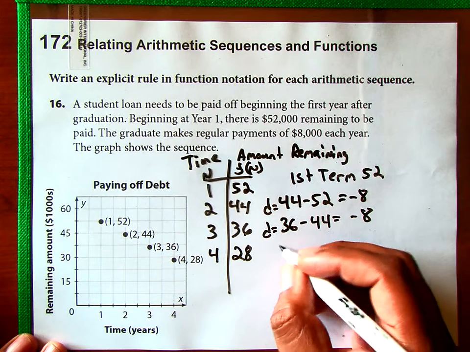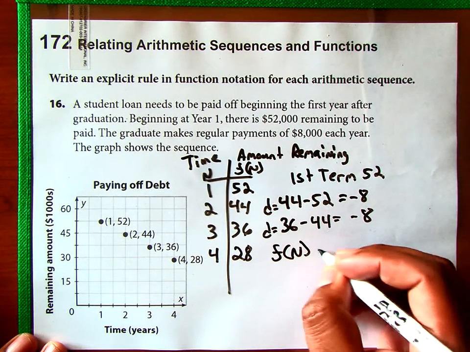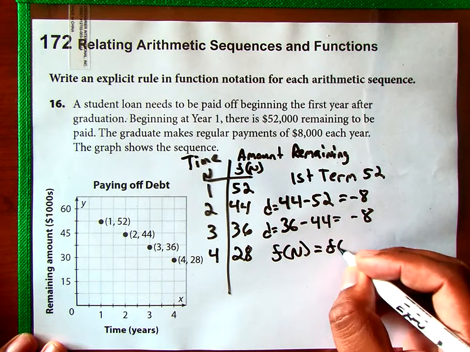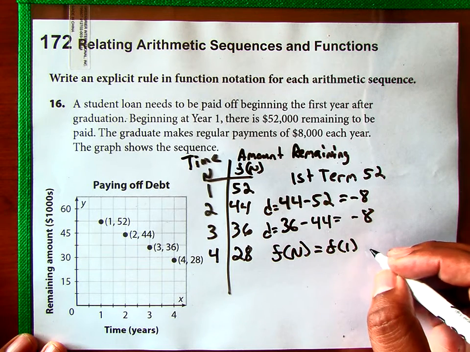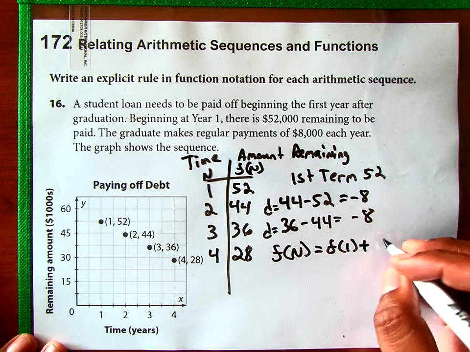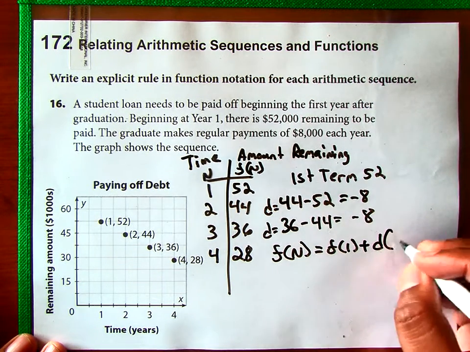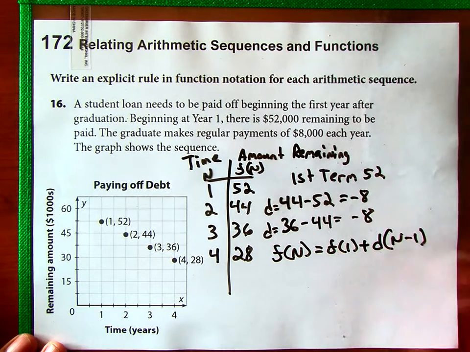Now I'm going to plug it into my formula. f of n is equal to f of 1 plus my common difference times n minus 1.